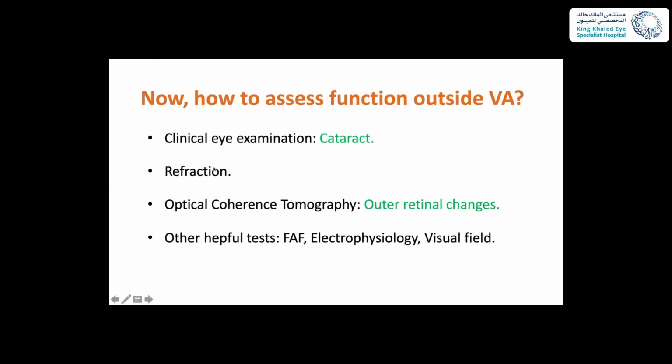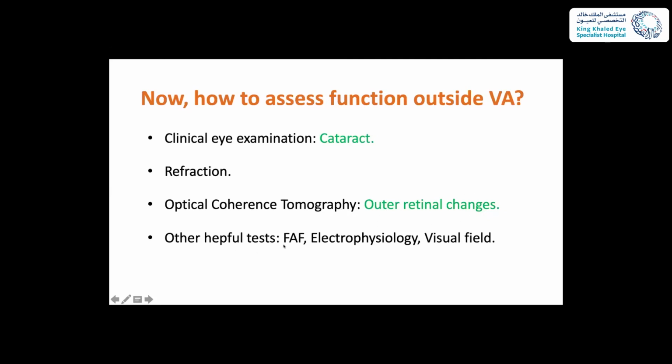Don't forget the refraction, also with the scleral buckle patients and the patients with cataract after vitrectomy. And now the gold standard to examine these patients is the optical coherence tomography, especially looking at the outer retinal changes.